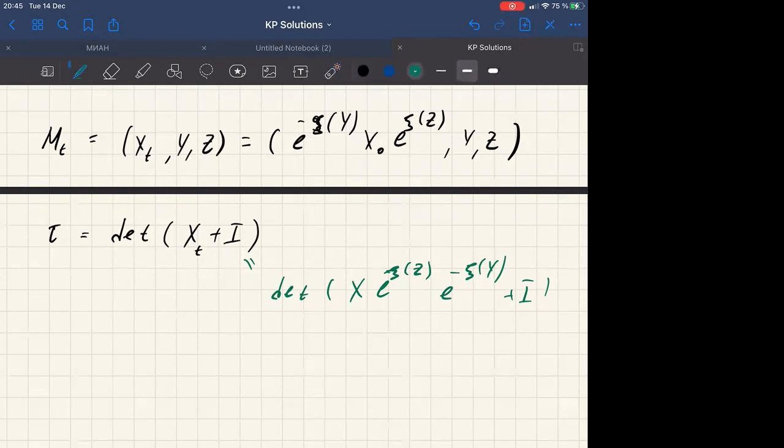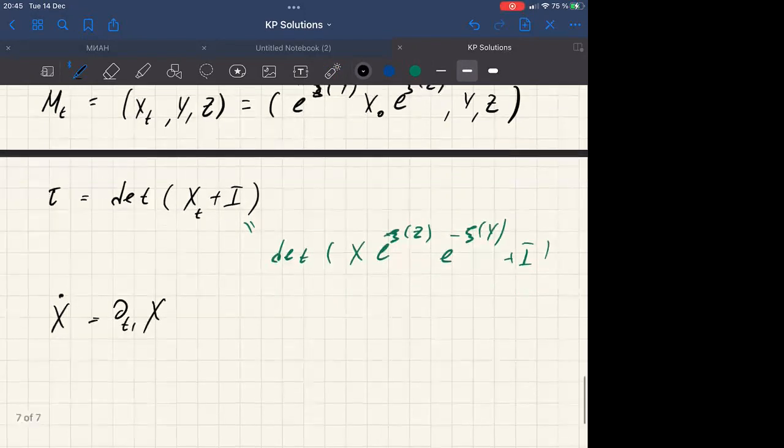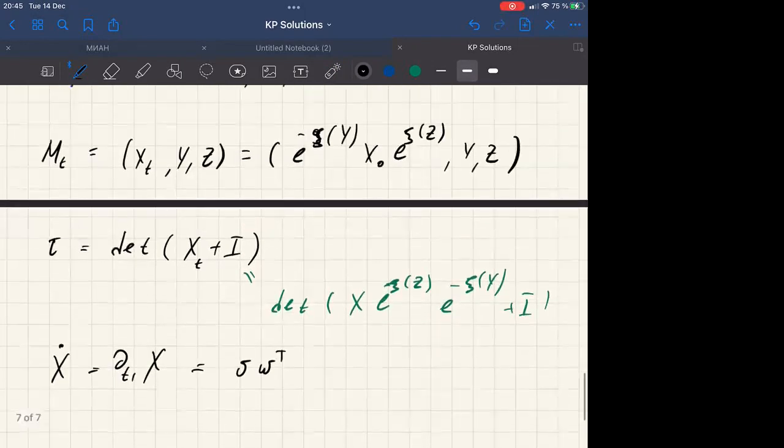Let me just introduce x dot is d by dt1 of x, and it is clear that x dot is equal to v, just because of the definition: it acts here, then it acts here.